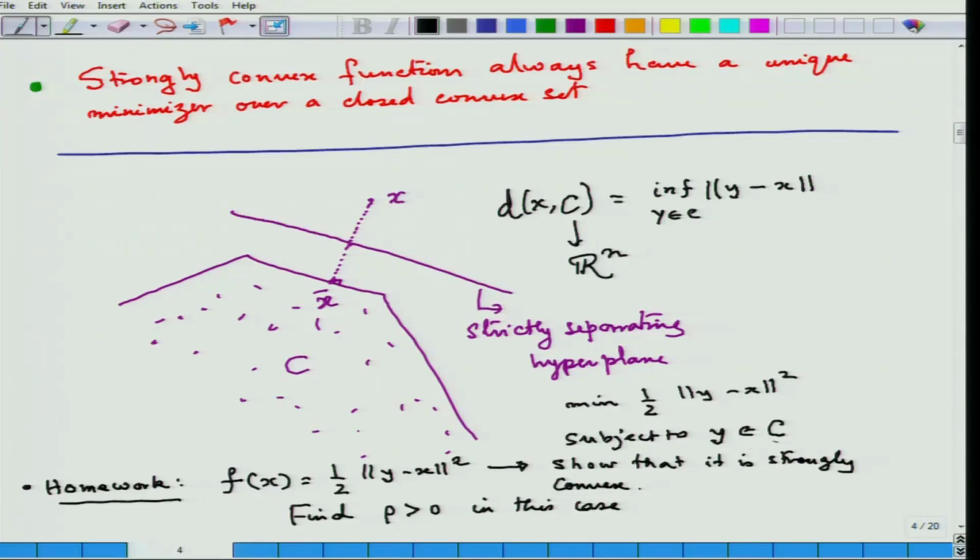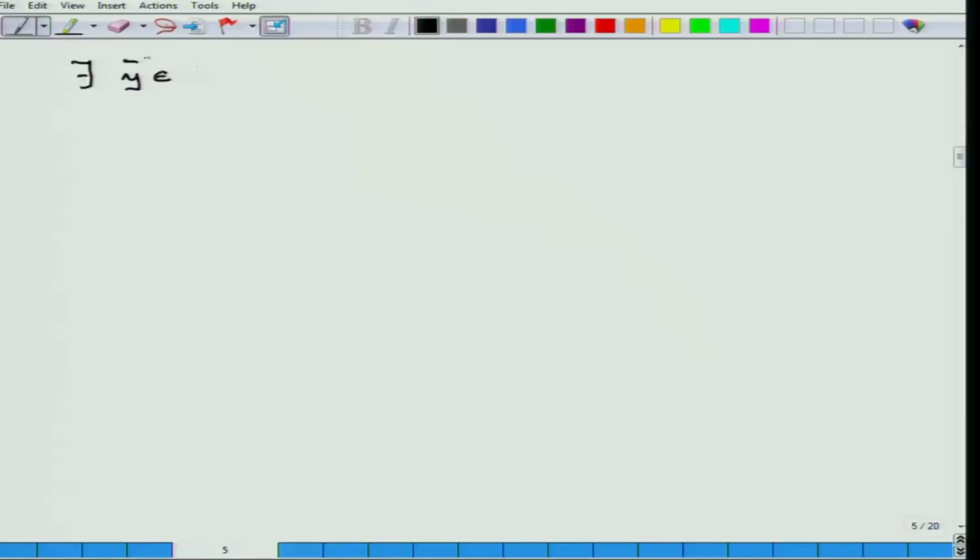Now, this set C is a closed convex set, and this is a strongly convex function. What we have said is that a strongly convex function always has a unique minimizer over a closed convex set. So, there must exist some y bar in C such that norm of y bar minus x whole square is the minimum.